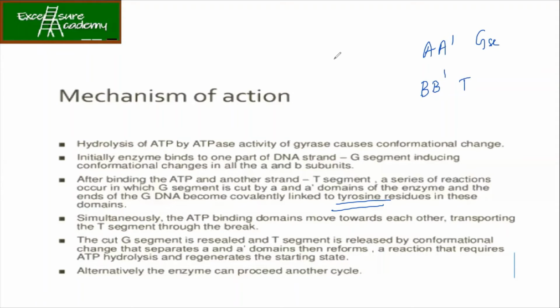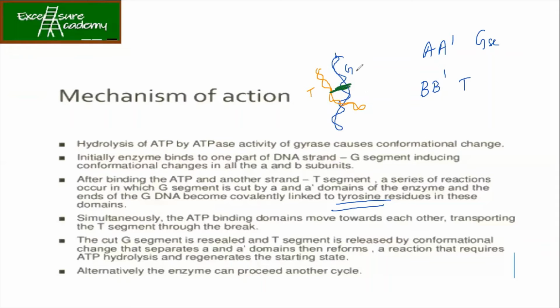As I mentioned, just imagine that this is your one double strand, and this is your second double strand. Let us say this is the T segment and this is your G segment. Now the G segment has to be cut, so I'm going to cut this. Both strands of the double strand are being cut.